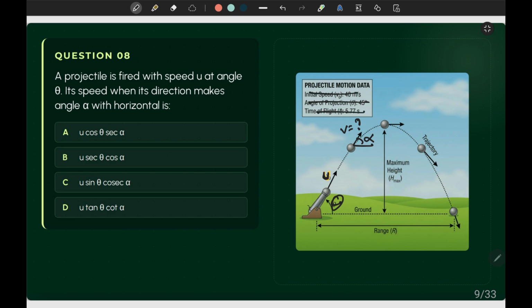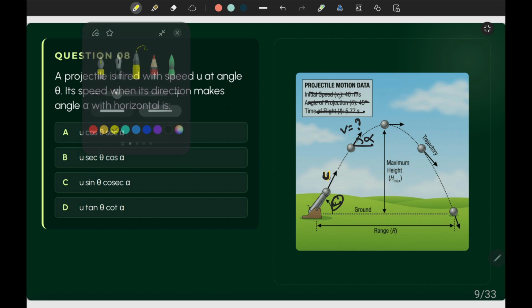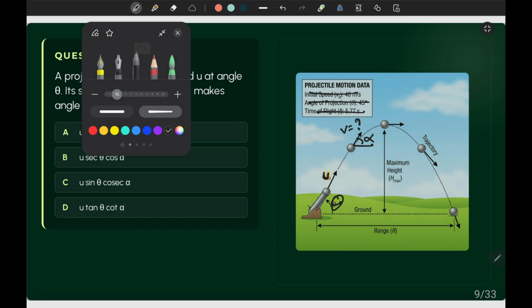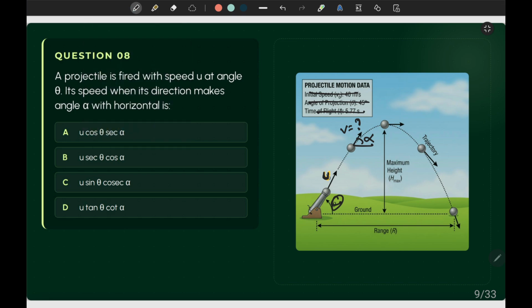The velocity when the angle of projection is alpha. Here the concept used is that the horizontal velocity remains constant during the motion. At the initial point, horizontal velocity is u cos theta, and at this point the velocity is v and the angle is alpha, so the horizontal component will be v cos alpha.